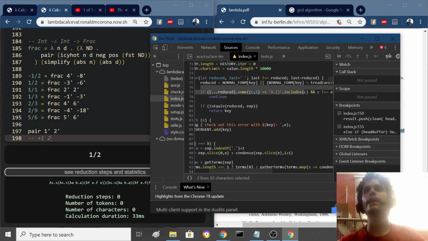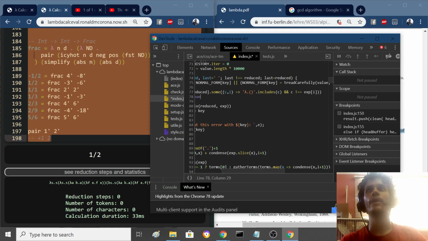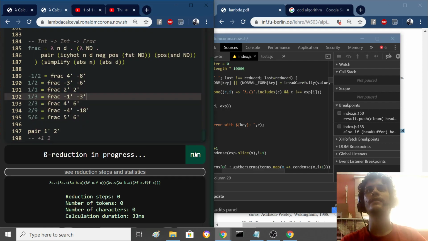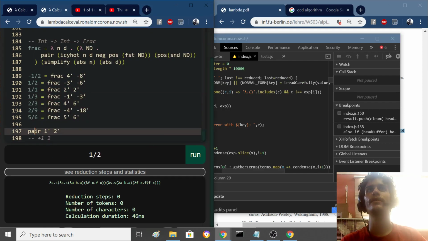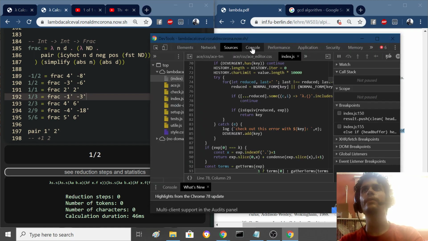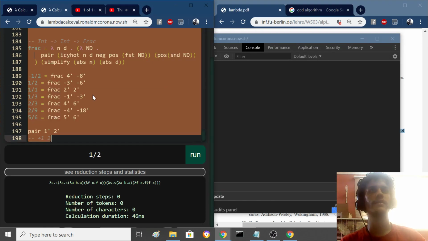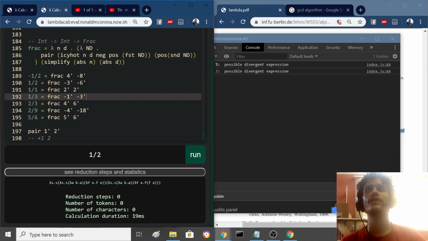So okay, yep. Go inside the code, sources, index.js, change the 1,000 to I guess like 5,000, maybe even 10,000, just to be safe. And it will be able to tell you that this pair 1, 2 is equal to 1/2. And let's see, do I get any error? Now when I run this, I'm no longer getting a message that it's divergent.